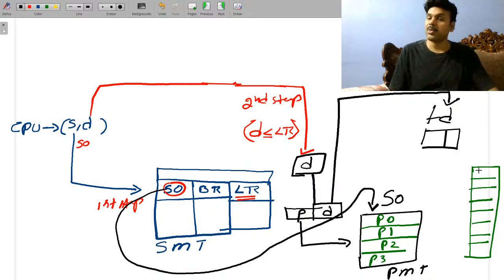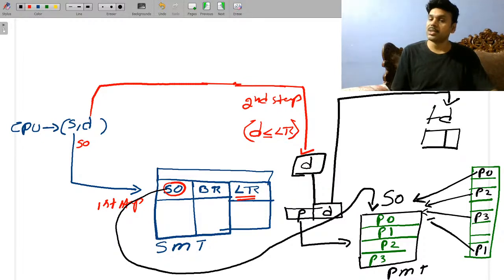P0 I can store there, P1 there, P2 here, P3 here. These are all the pages that belong to segment S0, not others. You can do the same process with the other segments also.